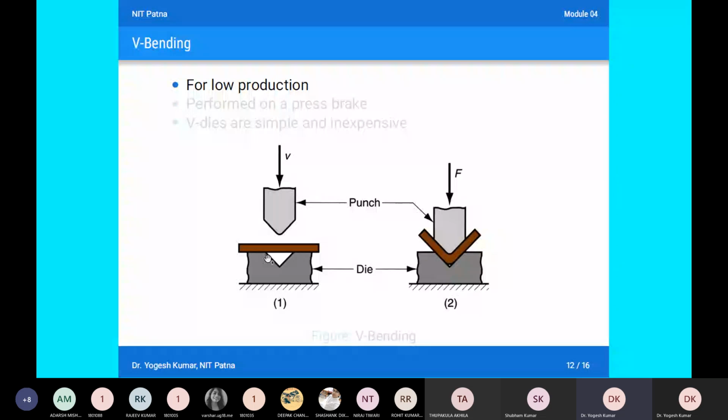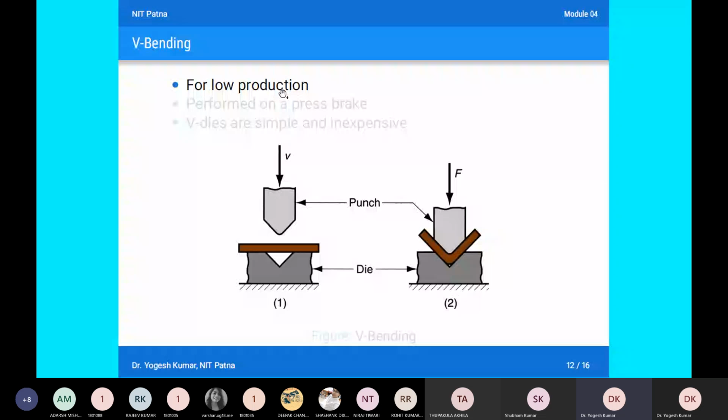As soon as this punch moves towards the die, your sheet is deformed in the shape of the die. Since the die has a V shape, the metal sheet is deformed into a V shape. The punch comes with a certain velocity, which results in the application of force on your sheet metal.